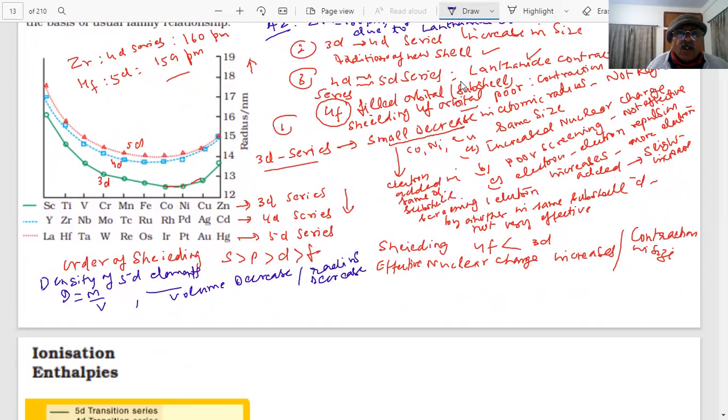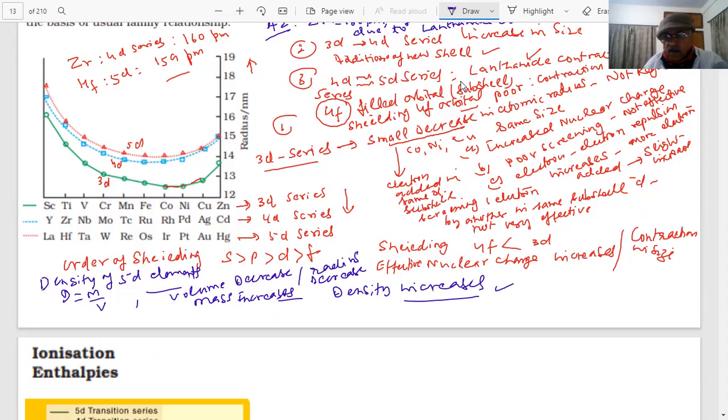If radius decreases, volume decreases, and mass increases, then what will happen? The density will increase. So the metallic radius is decreasing, the atomic mass increases. This results in a general increase in density of these elements.